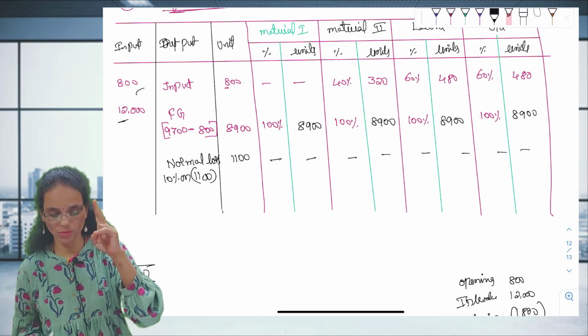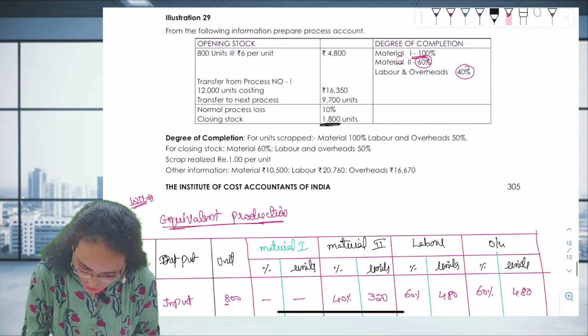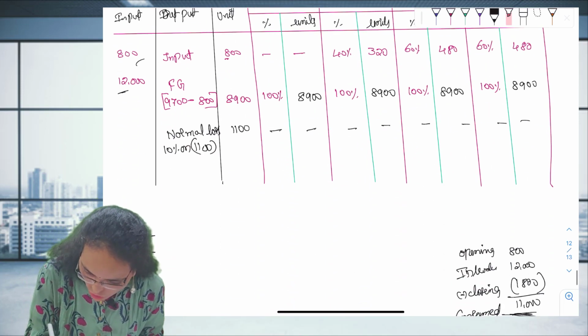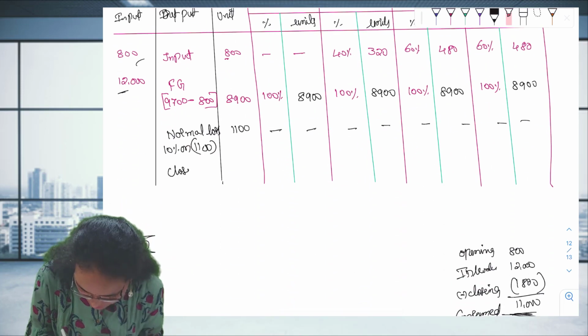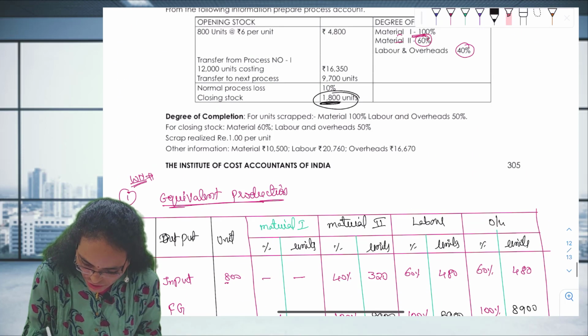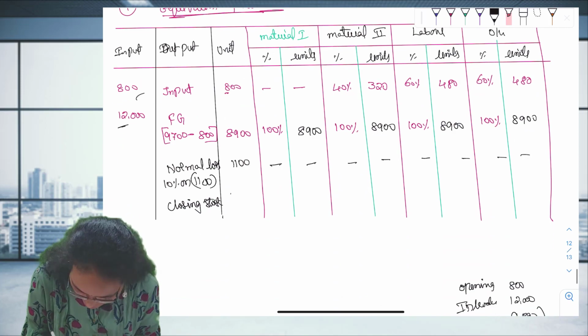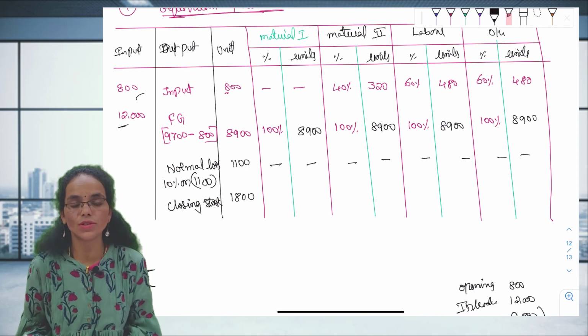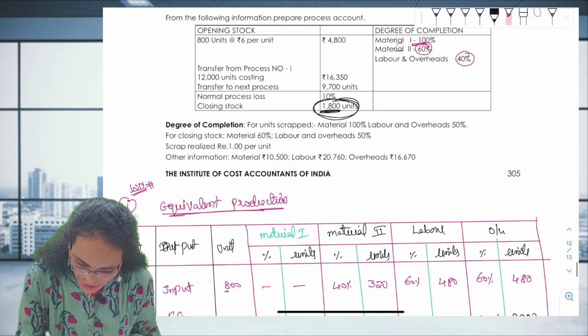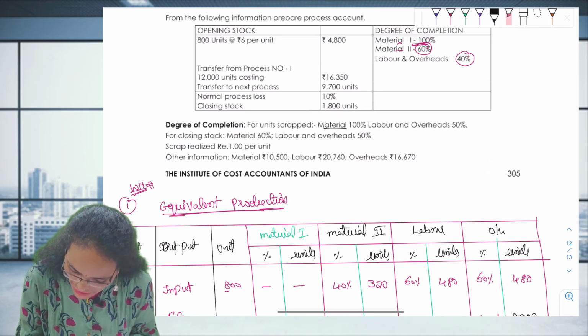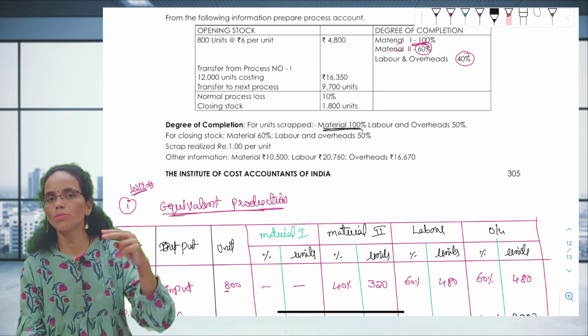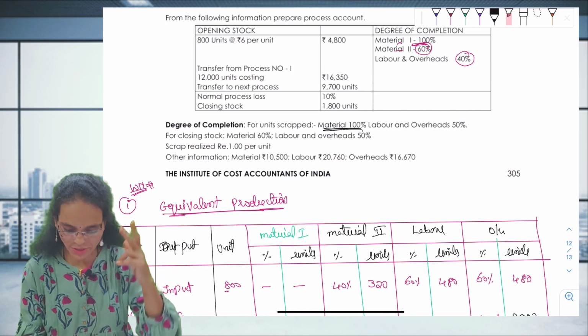There is one more element, closing stock, I forgot. So closing stock here is 1,800 units. See, closing stock material is 100%. We assume that both material A and material B are 100% finished.